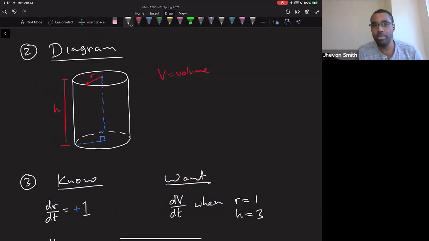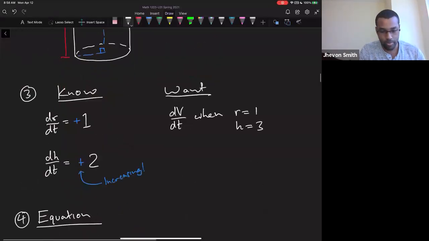You'll notice it's a prism. It's a right circular cylinder. You just have a circle being stretched along the length h. So the volume is going to be the area of the base times the height.